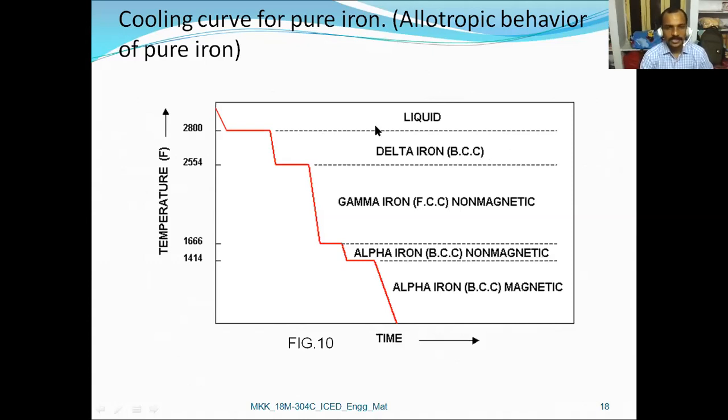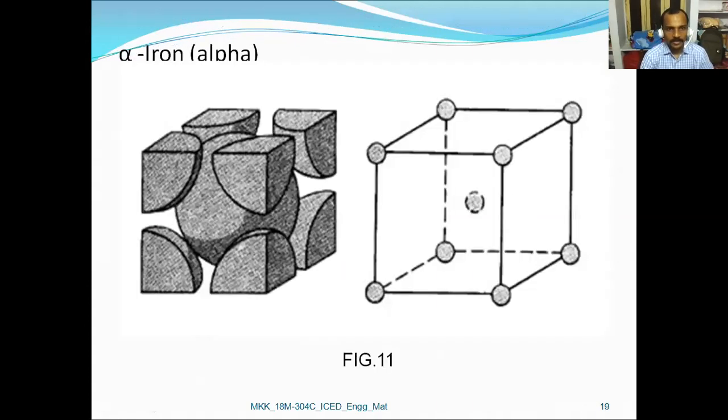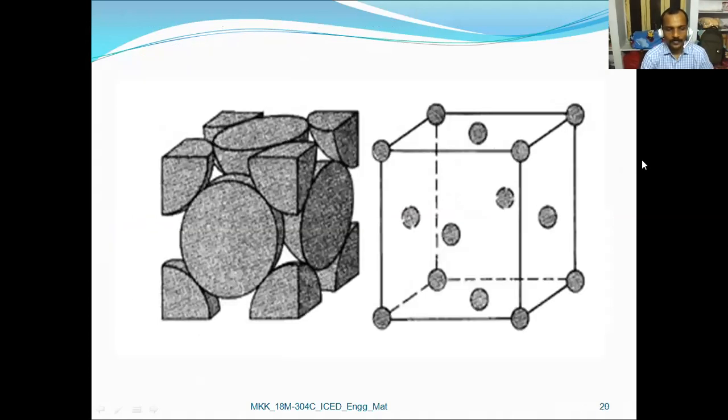So this is the different changing of BCC to FCC and again BCC. FCC is the face-centered cubic structure, and BCC is the body-centered cubic structure. So this is the alpha iron, with points 1, 2, 3, 4 as the ends. So this is the structure.